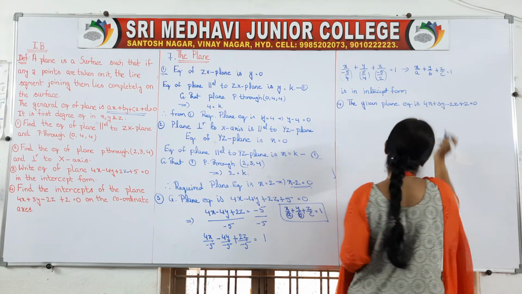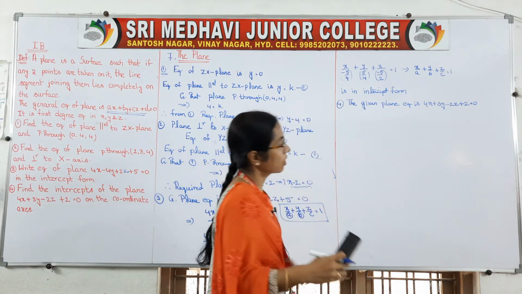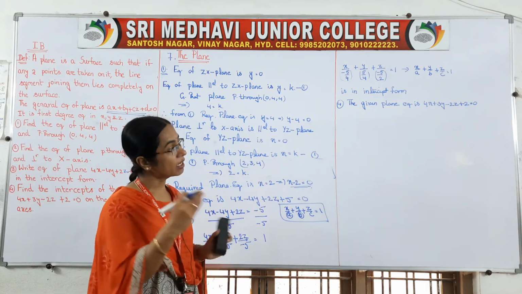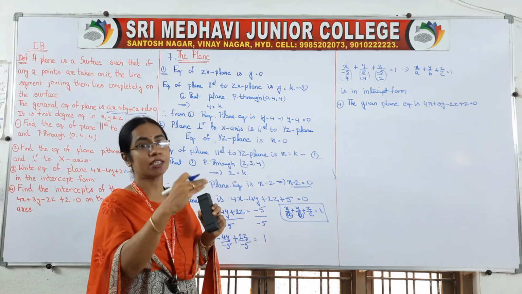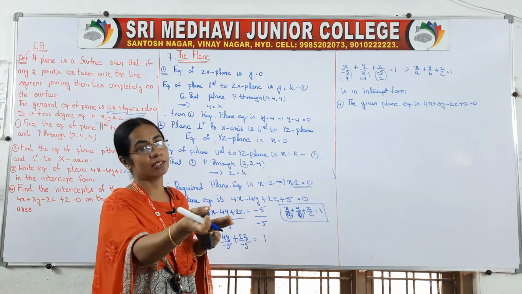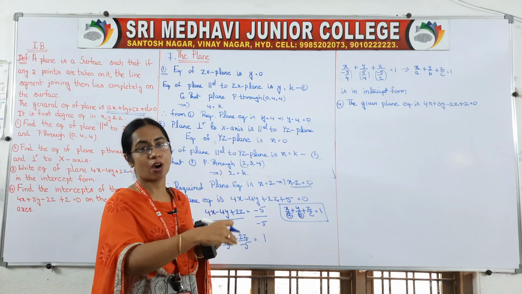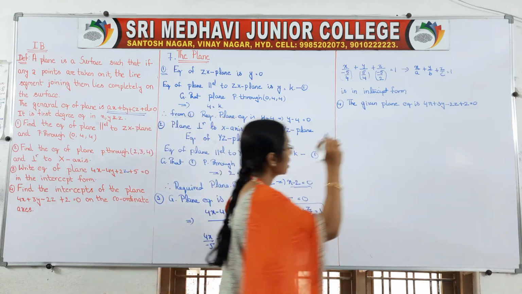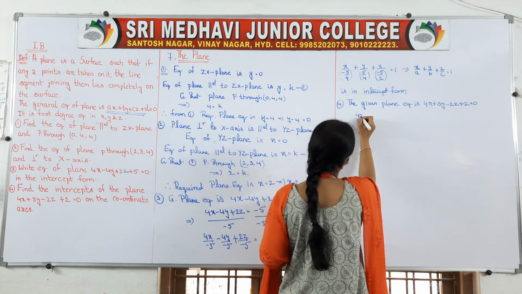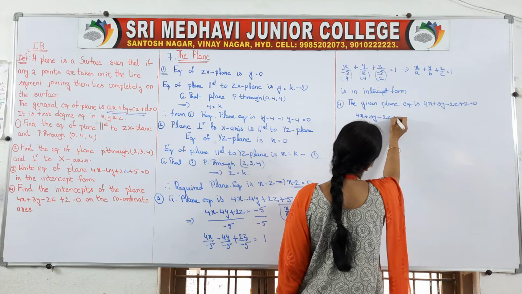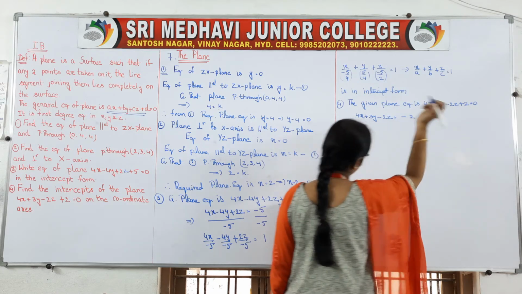What is the procedure I said? First try to get the number 1 on the right side. For that, first of all we have to send the constant to the other side and divide both sides by the same value. So it is 4x plus 3y minus 2z is equal to minus 2.